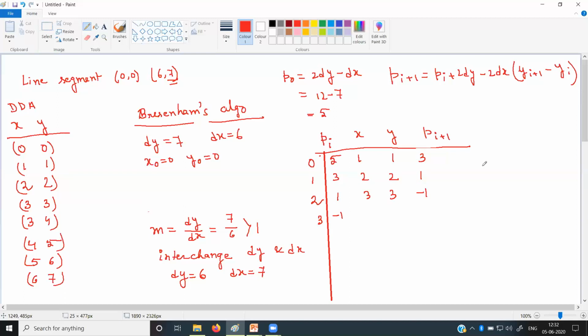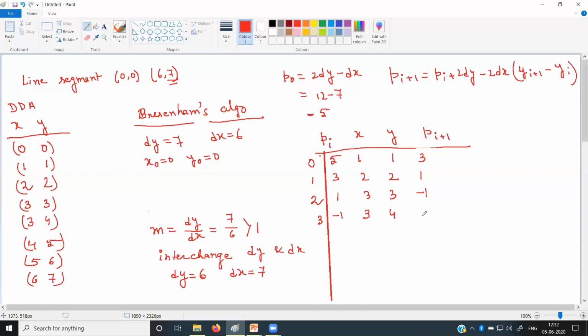So in that algorithm, as I told you, we have to increase the value of x and y. But here we have to change the role of x and y. So here, as it is minus 1, we have to write it like that. So my x value will remain as it is and y will be 4.